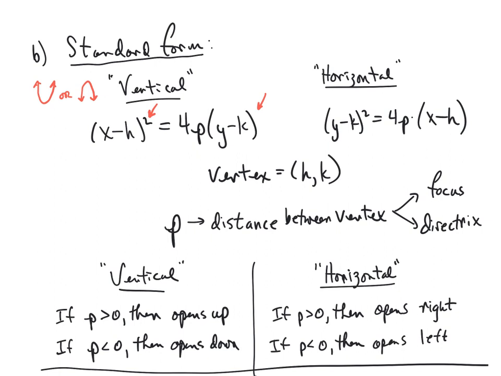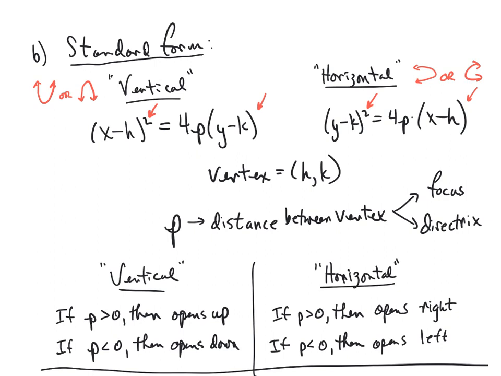Or we also have what are called horizontal parabolas, which are parabolas that either open to the left or open to the right. For those parabolas, the standard equation is y minus k quantity squared is equal to 4p times x minus h. Again, power of 2 around the y's, power of 1 around the x's.